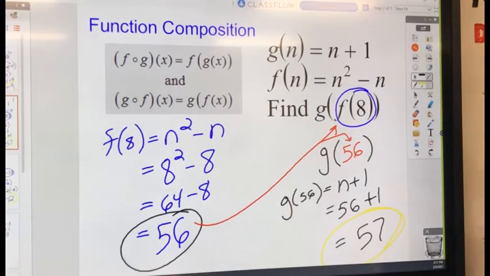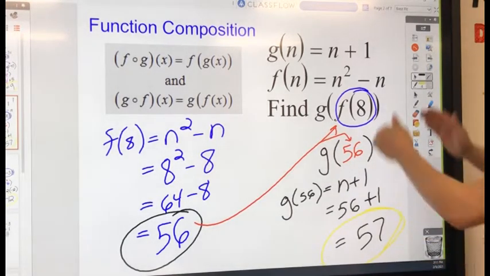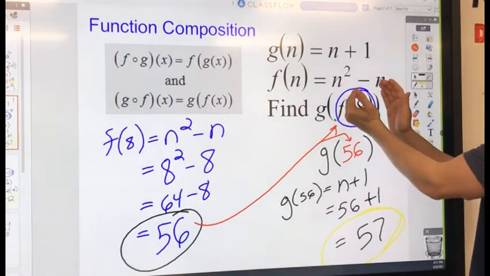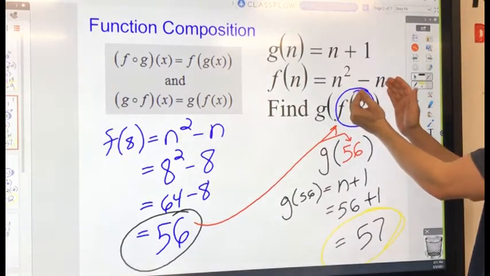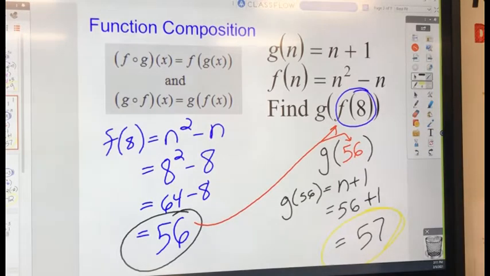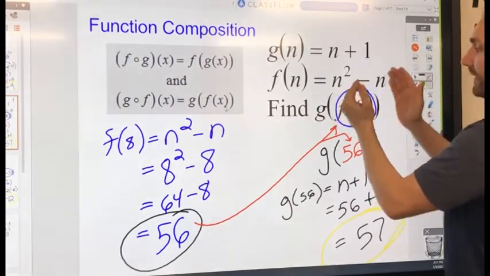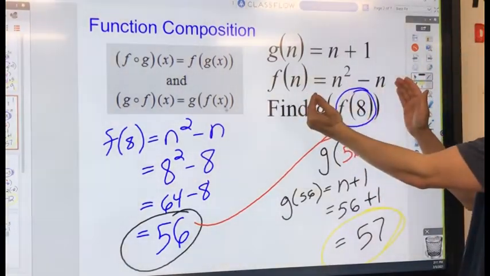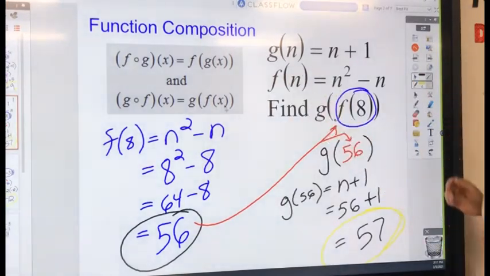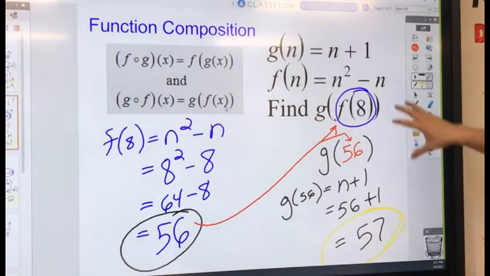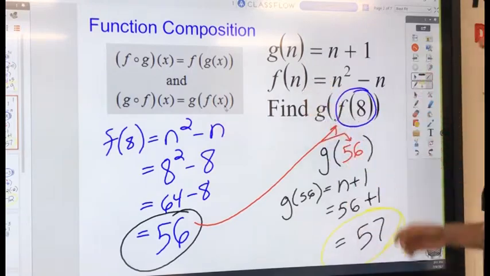Think if you have a shirt that's on sale and you want to figure out the total price. Well, first, you need to calculate the sale price. If I have a shirt that costs $50 and it's 10% off, I need to figure out the sale price. 10% of 50 is 5, so the shirt is now $45, and then I need to calculate the tax. So what's the tax on $45? That's function composition. You have to do something first before you can calculate the other part.